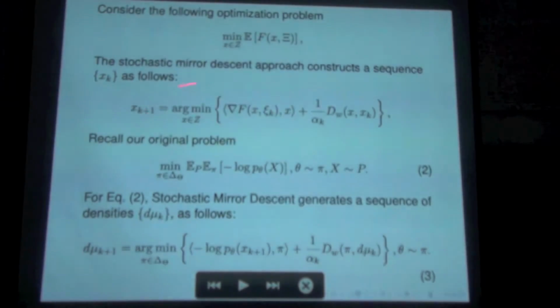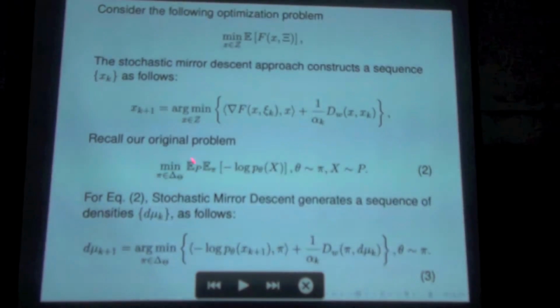The next iteration, x_{k+1}, is the solution of this problem, which is the linear approximation of our function with one sample of this random variable, right? So this is our random variable here, so here I just have one of the samples. And here I have to pick a Bregman divergence. And you can guess which one we are going to pick. The Kullback-Leibler, right?